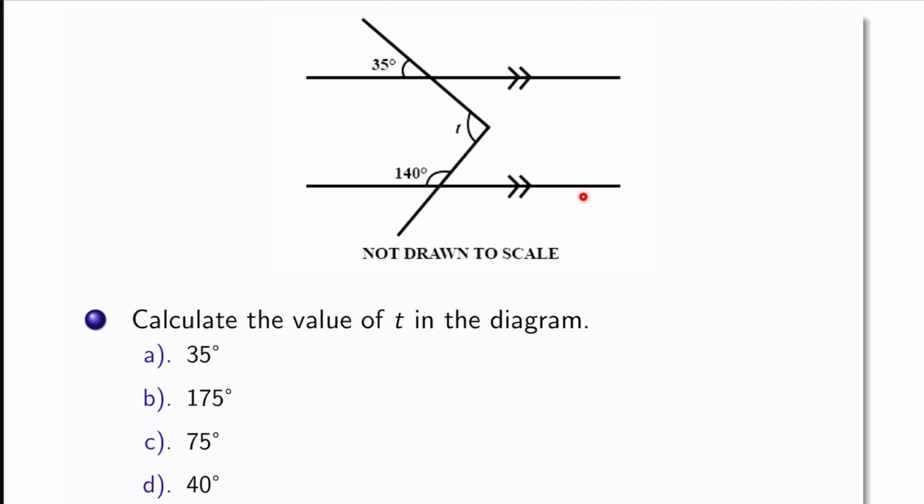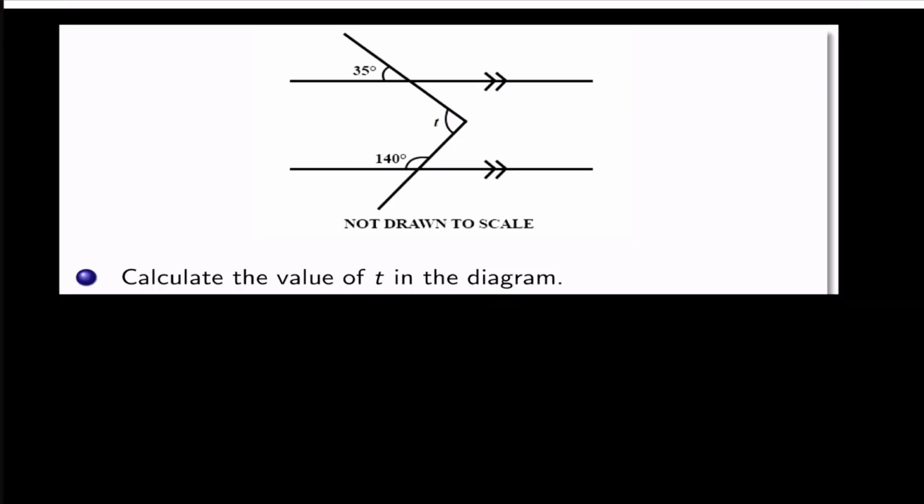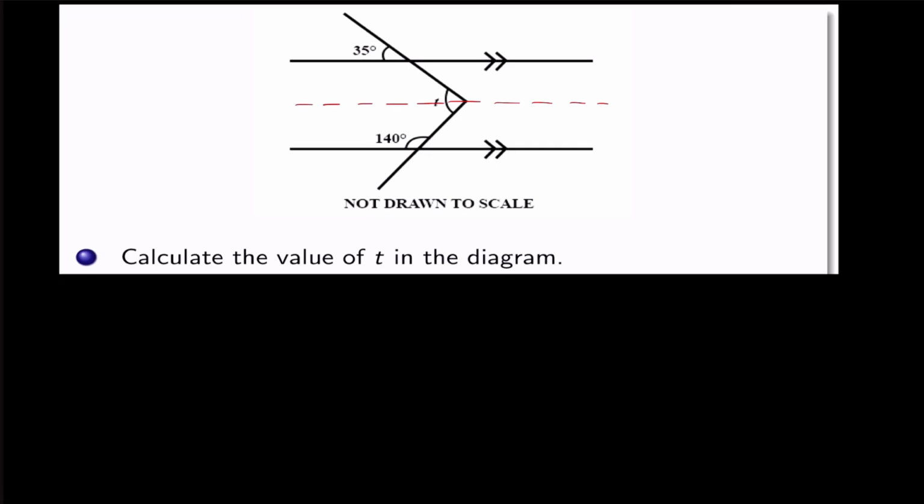We are given this diagram and we have to calculate the value of T in the diagram above. To solve this question, we draw a parallel line through angle T. And so we are going to have these dotted lines here. Redrawing this diagram gives the following.